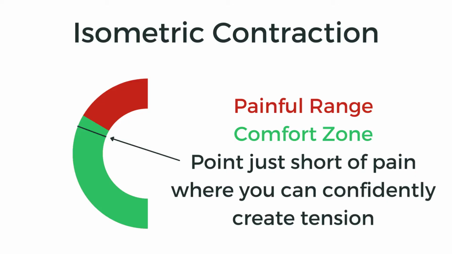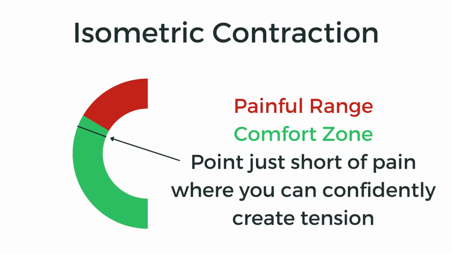So maybe there is, like I said, this point of the range of motion that we don't feel confident getting into. The brain isn't giving us access to that. And we want to go just short of that. We want to think about what muscles will contract to bring me into that space. So if I take my shoulder again, I have this point at 90 degrees where I have this pinch.